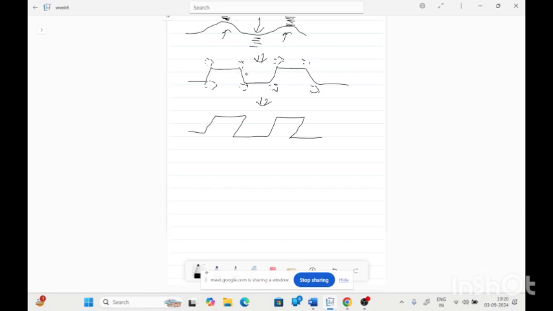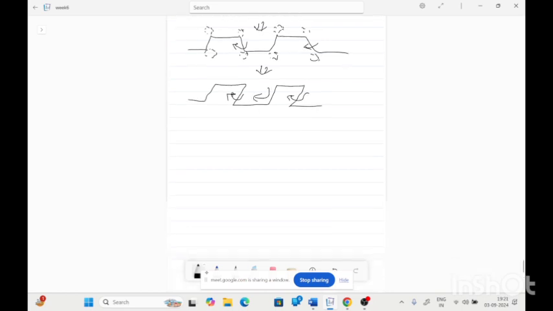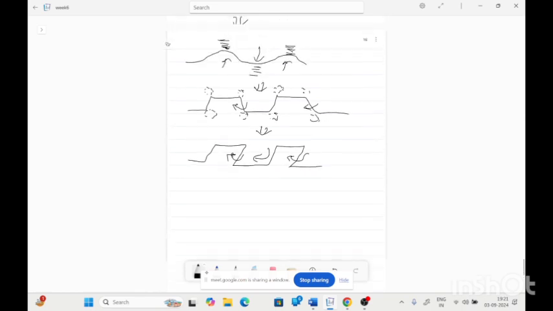This edge rotates to this position and forms like this. This edge will also rotate to this position and form like this. So this is the grain boundary rotation. Here it is the grain boundary bulging, and this is the rotation.